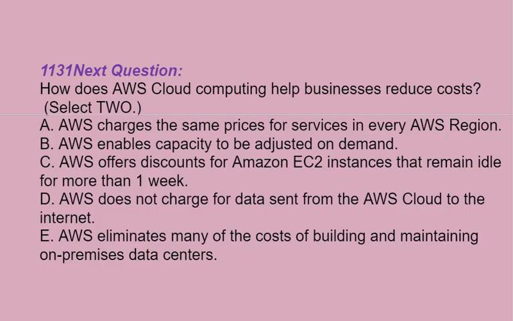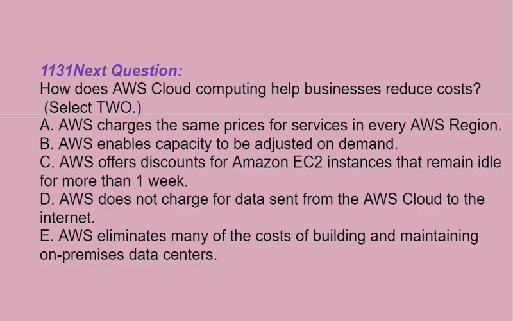Question is, how does AWS cloud computing help businesses reduce costs? Select two options. Option A, AWS charges the same prices for services in every AWS region. Option B, AWS enables capacity to be adjusted on demand.